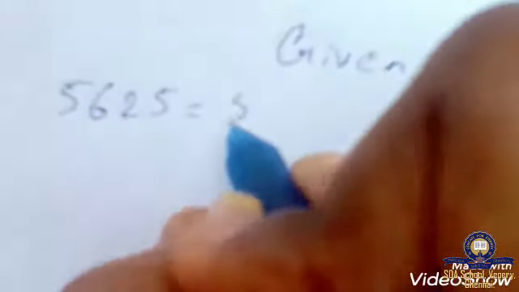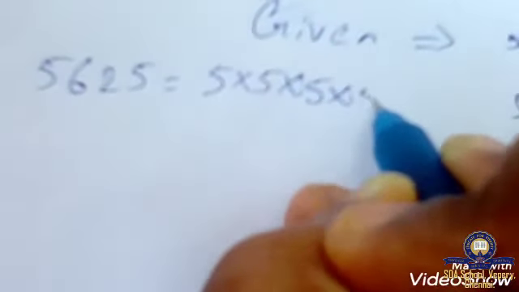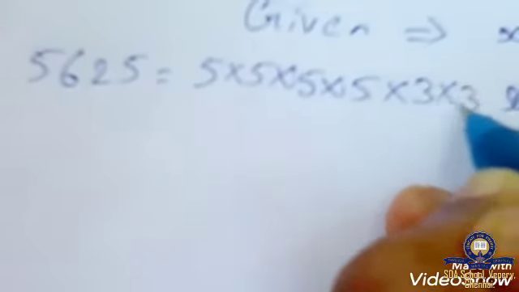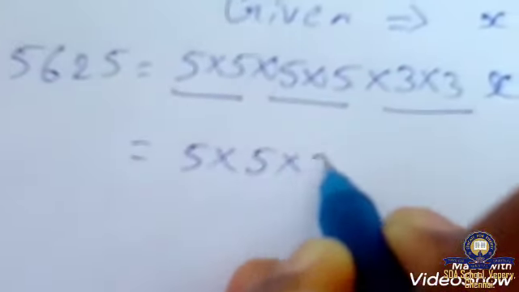So from this we came to know that 5625 is equal to 5 into 5 into 5 into 5 into 3 into 3. So when we pair these terms, we get 5 into 5 into 3.